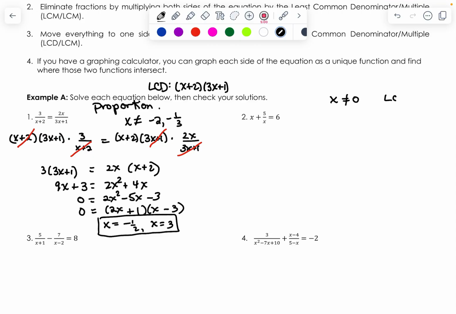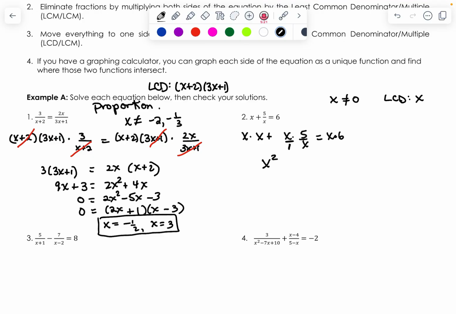All right, number 2. Check my domain, my LCD. I only have one denominator. So what's going to happen is I am going to go through and multiply everything by the LCD. What I like to do here is put that x over 1 so that I don't think it's x over x.